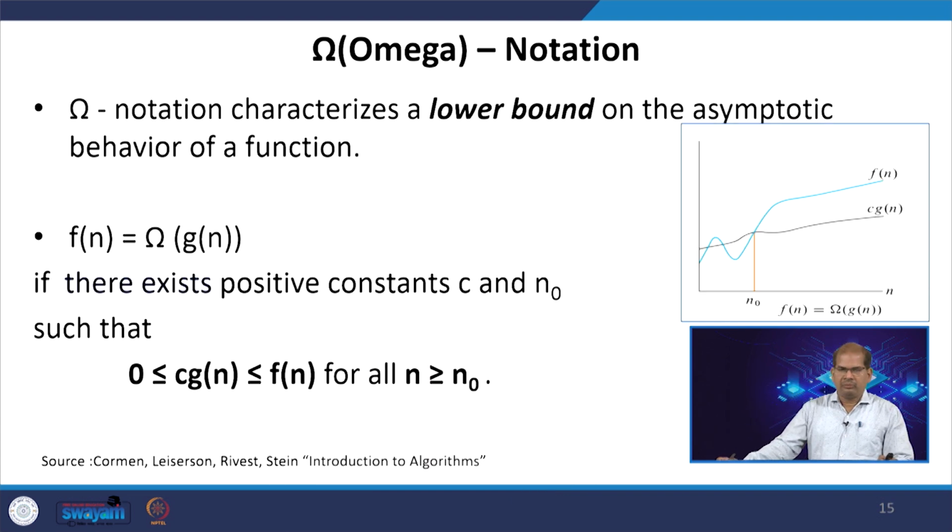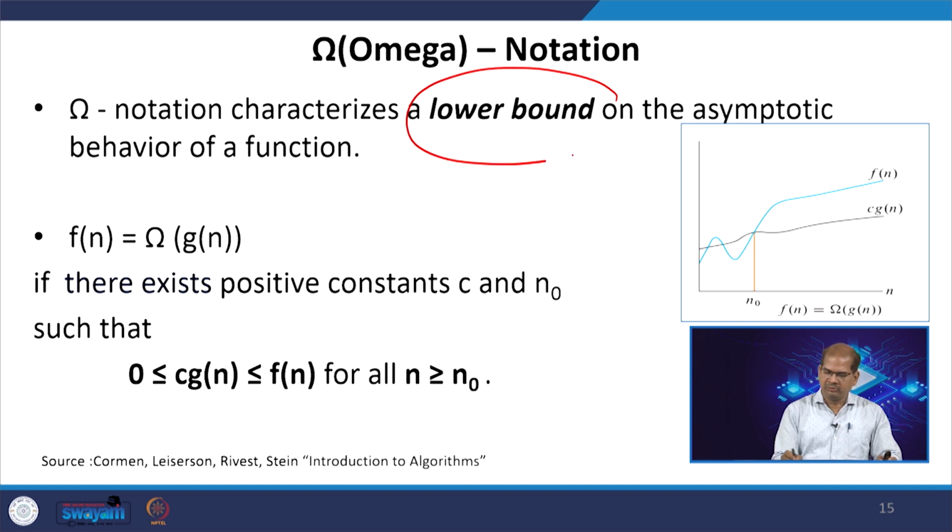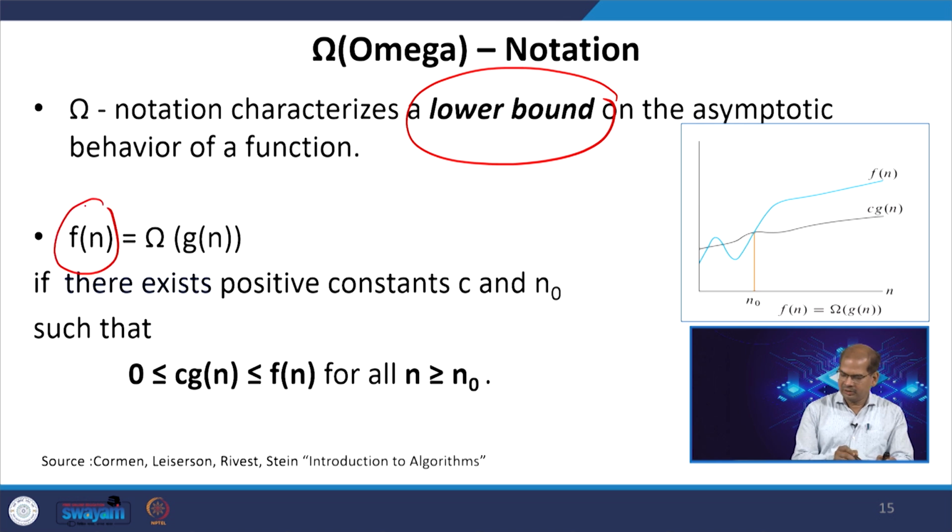Now we go to the omega notation. This omega notation tells about the asymptotic lower bound. We discussed the asymptotic upper bound; now we are discussing the asymptotic lower bound. Here a function f of n is given to me, and I have another function g of n given to me.